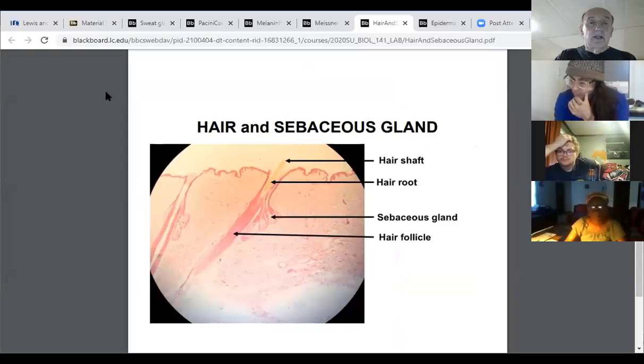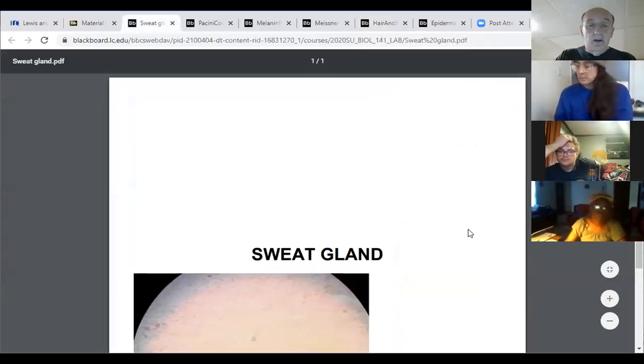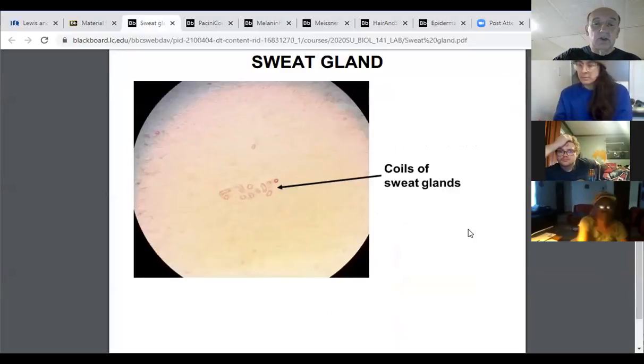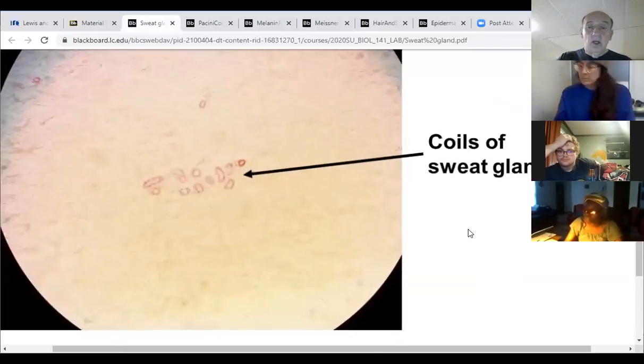So let's take a look at that sweat gland. This is what I meant by a bunch of circles next to each other. We are deep in the dermis, in the reticular region, and sweat glands appear like a series of ovals or circles.